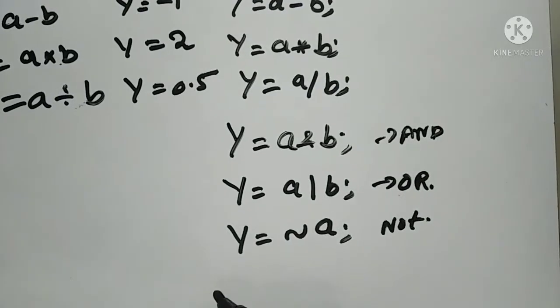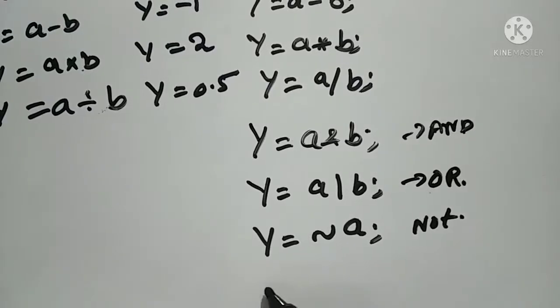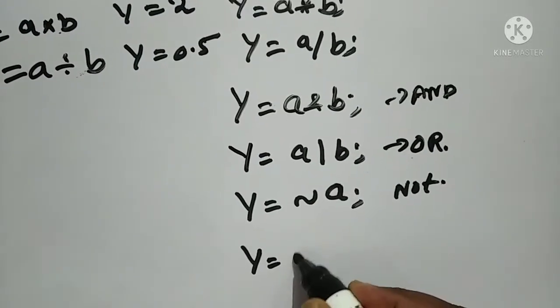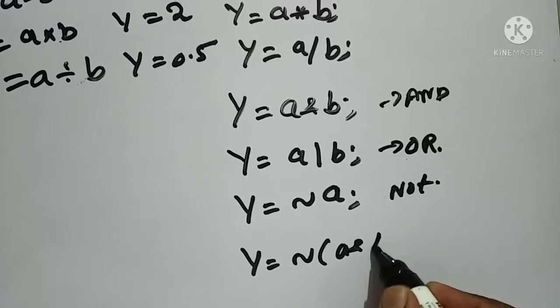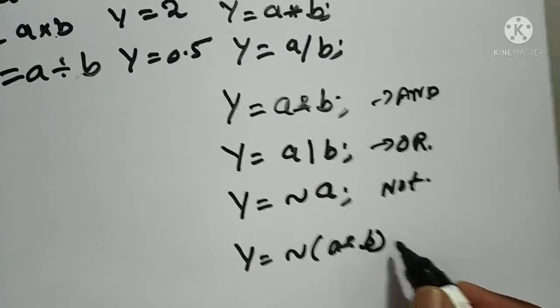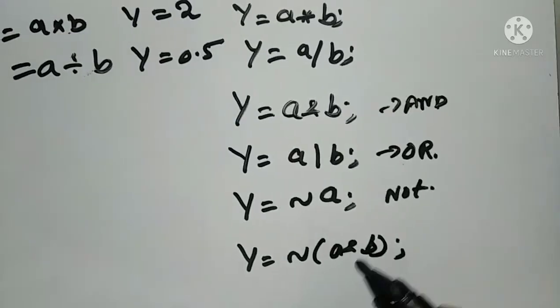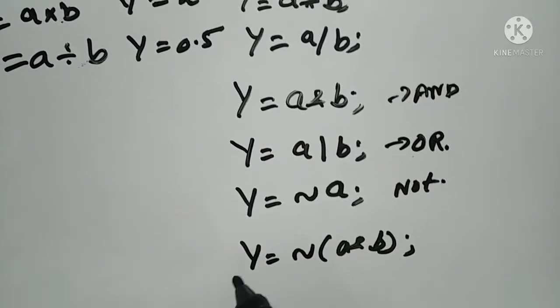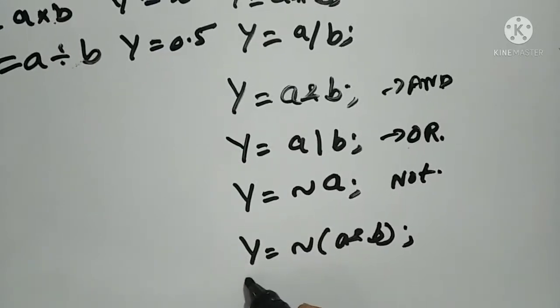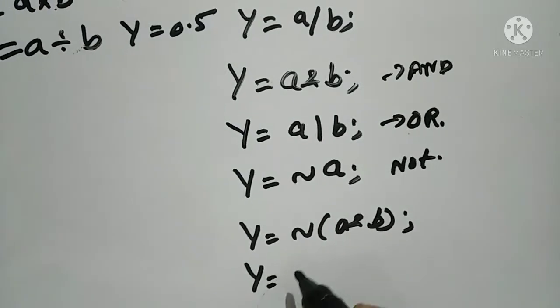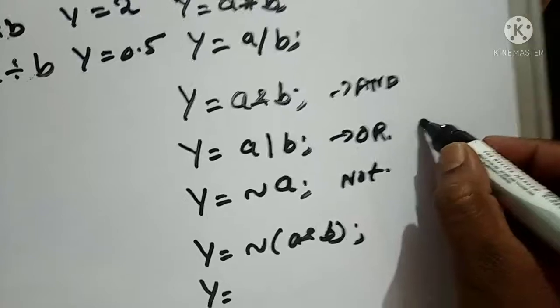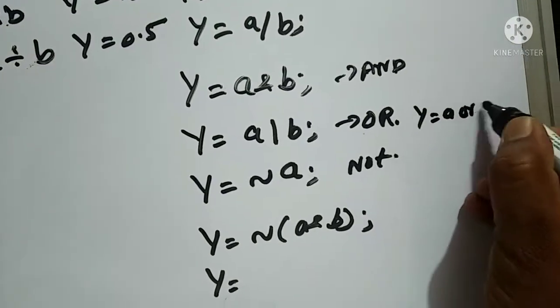If I want a NAND operation, NAND is given by not of a AND b. The same thing will be used in Verilog programming and other places also. There is a small change in the syntax, but the operation and the form of indication are the same. For example, in Verilog we use y = a | b.